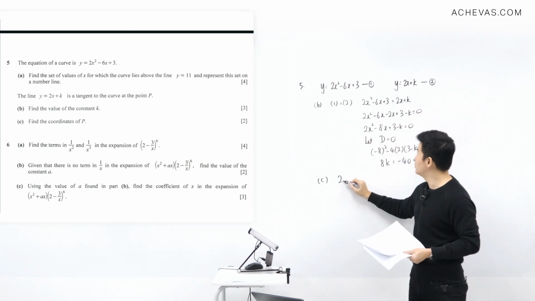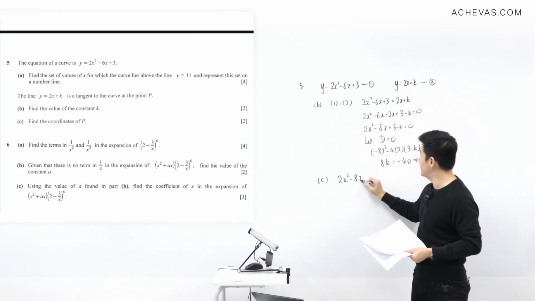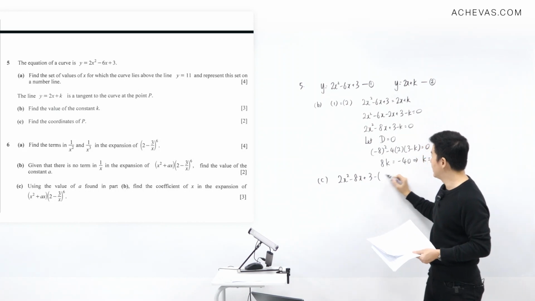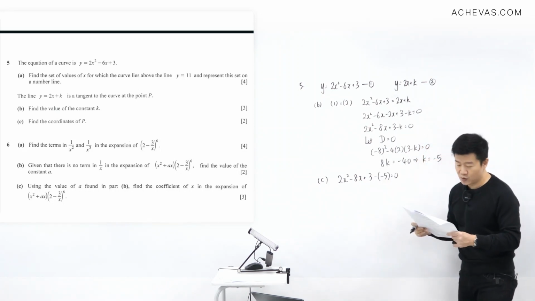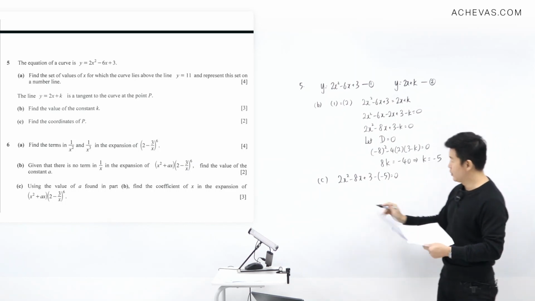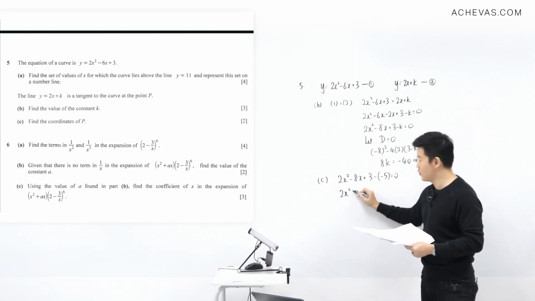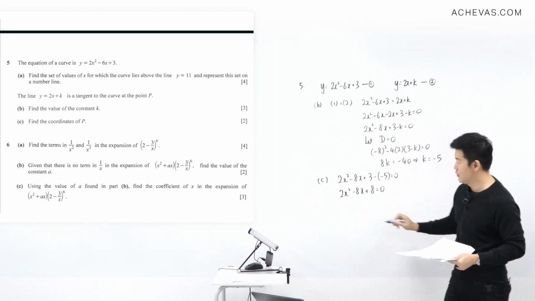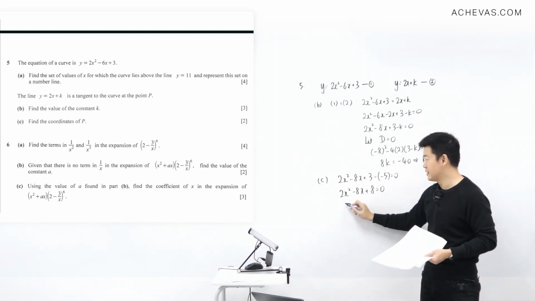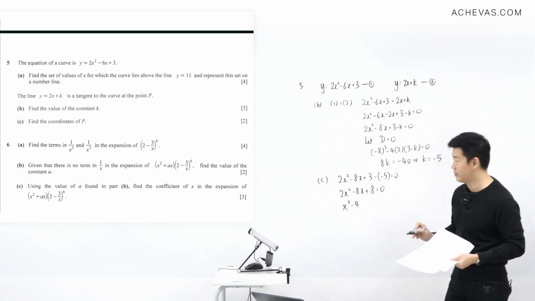So we have 2x squared minus 8x plus 3 minus k, where k is equal to minus 5. This is equal to 0. So we will be getting 2x squared minus 8x plus 8 is equal to 0. Okay, we can simplify this. So let me just do a quick simplification by dividing this equation throughout by 2.